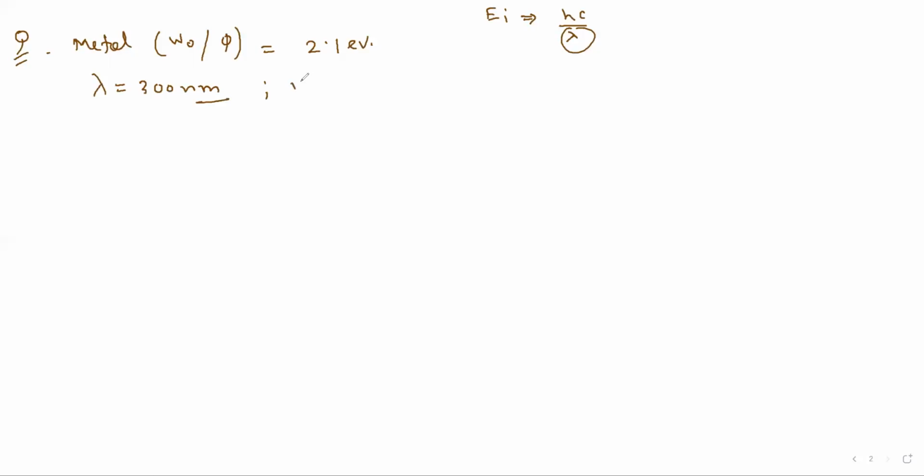What is the value of V naught? You have to calculate. Remember one thing: 1 electron volt equals 1.6 into 10 to the power minus 19 joule. You have to convert it.